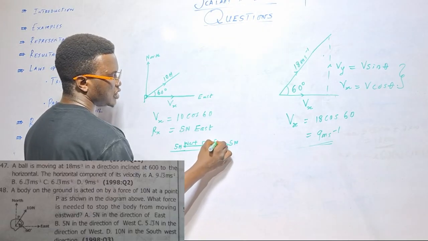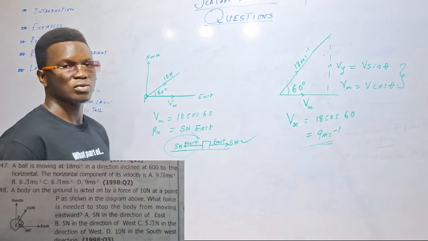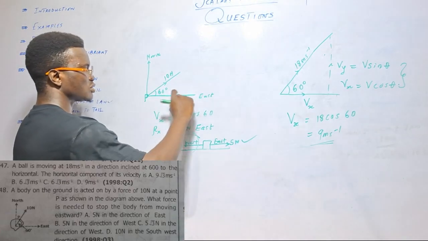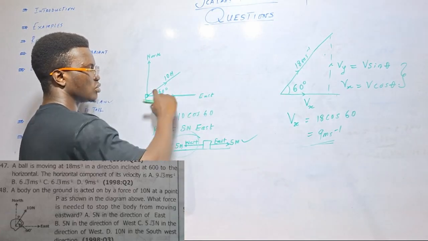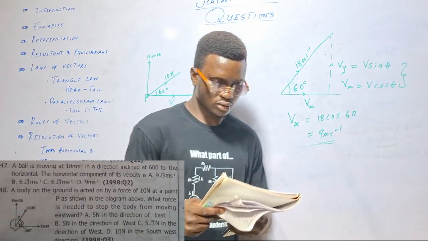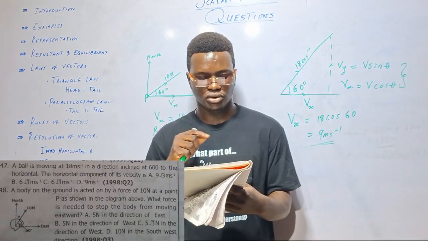So my answer is 5 Newton westward. Do you understand the analysis? What is pulling it towards east is this 5 Newton towards east. What will stop it? 5 Newton towards west. So that should be my answer: 5 Newton in the direction of west.